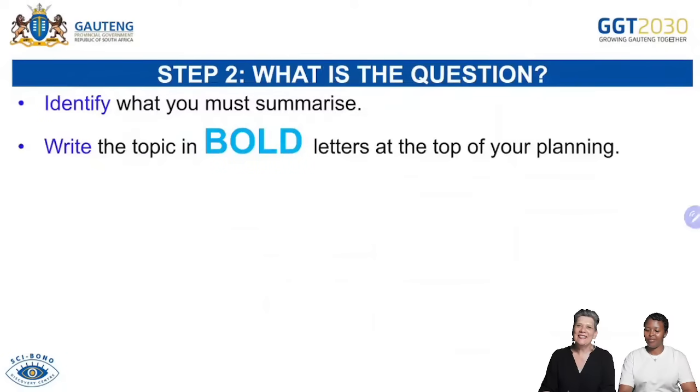And as Mandisa has explained last time as well, so brilliantly, identify exactly what you are expected to summarize. There will be a lot of information, but not everything is relevant to what we want. So make sure you figure out exactly what it is that should be summarized and write it in big, bold letters, either on your answer sheet or on your question paper.